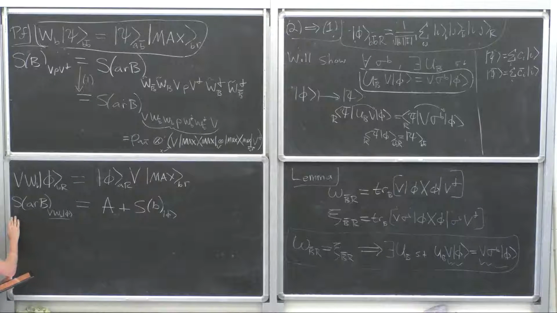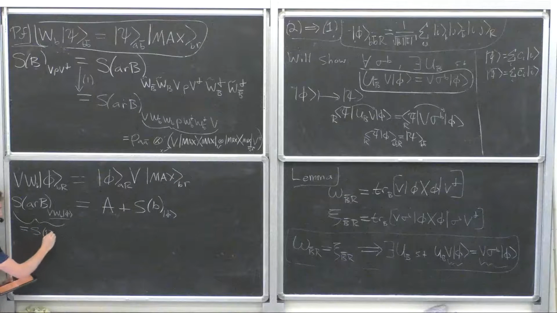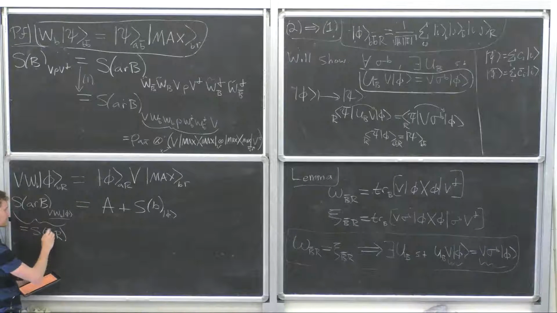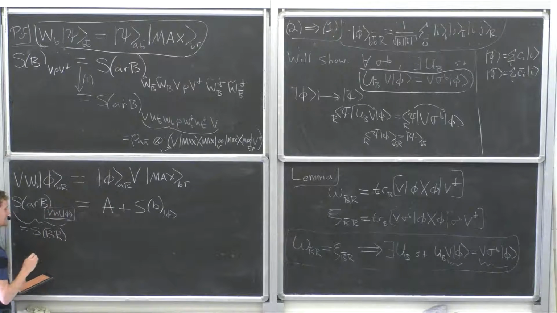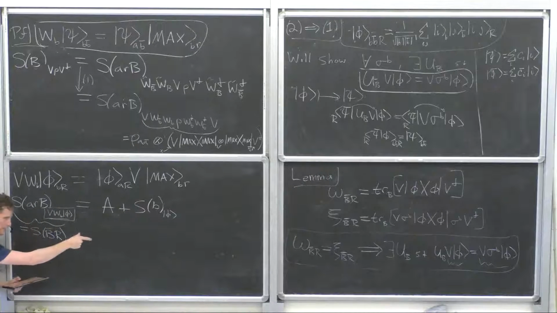Now, I claim that the entropy of these 3 systems in this state equals the entropy of B bar R. So this state right here that I'm boxing is a state on 5 systems: capital B, little r, little a, capital B bar R. And you can prove that anytime you have a pure state like this, the von Neumann entropy of some set of factors equals the von Neumann entropy of the complementary set of factors.